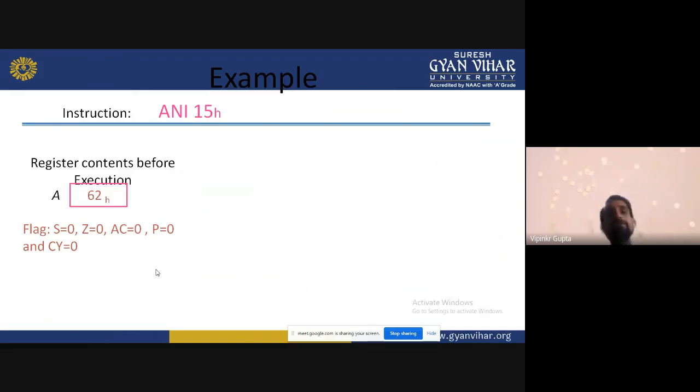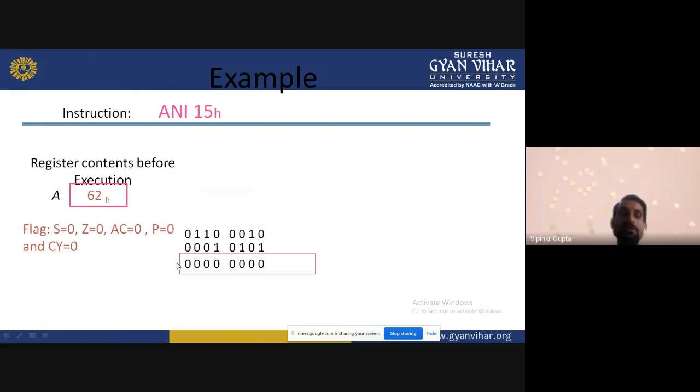A is having the 62H, and next operand is the 15H. So we are converting first of all these data into the binary number. So how we will convert? 6 equivalent is the 0110, 2 equivalent is the 0010, and 15 is 0001, 0101. So now we are doing the AND operation.